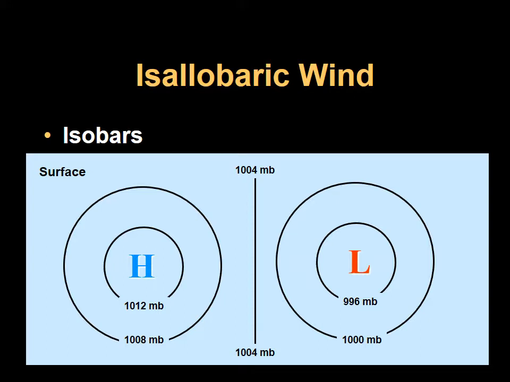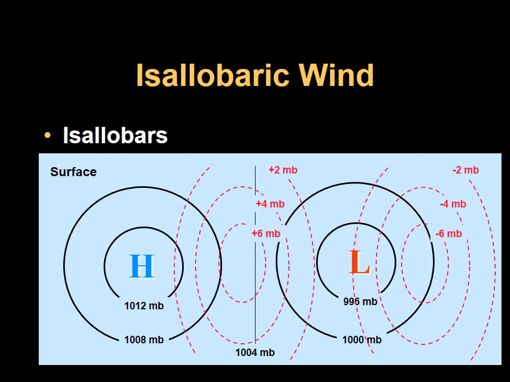If we looked at a surface chart, this is a pretty simplistic surface chart. We see that we have a high and low pressure system. And if we draw isallobars, once again, isallobars are lines of constant pressure change.